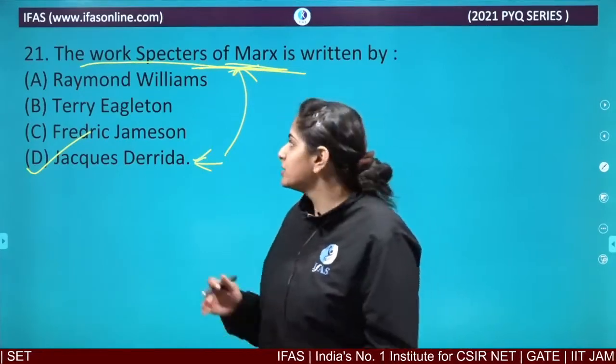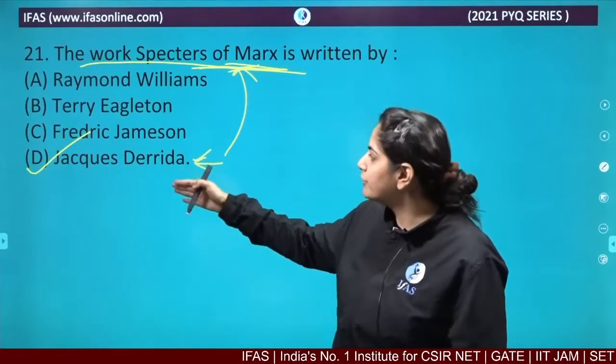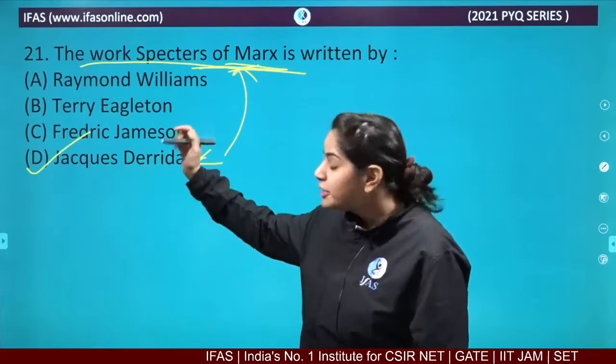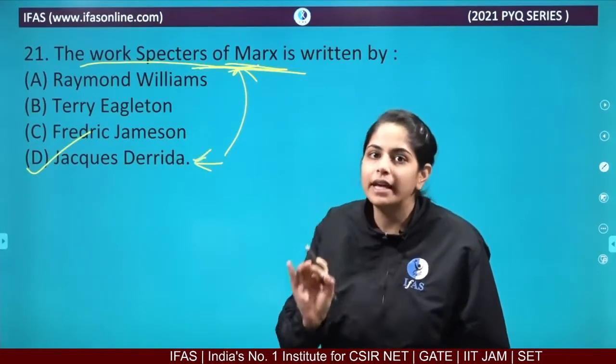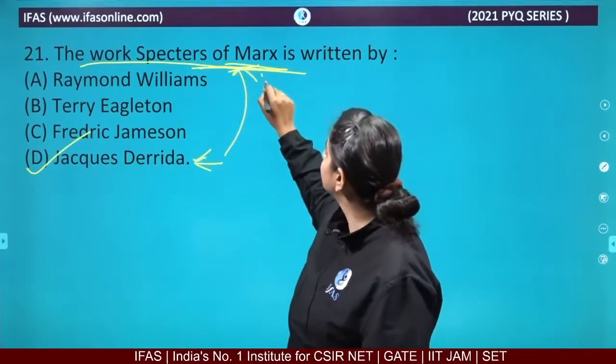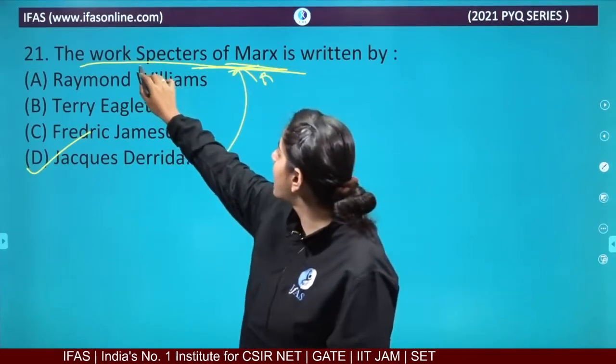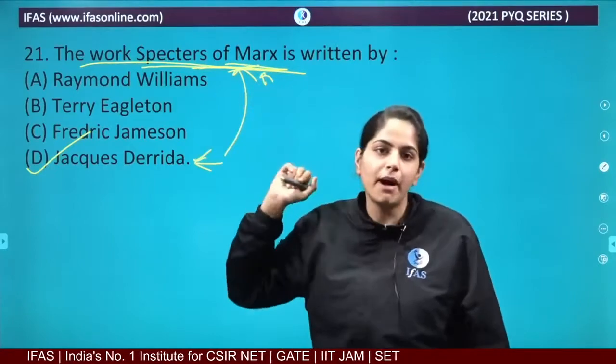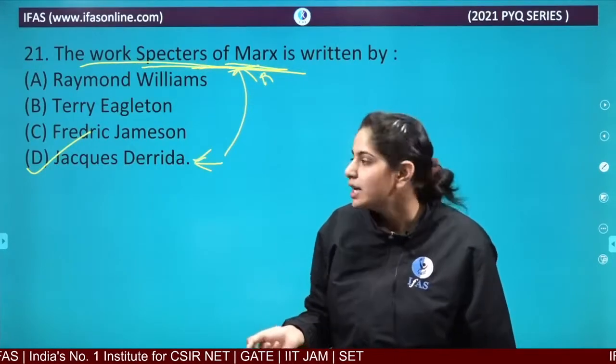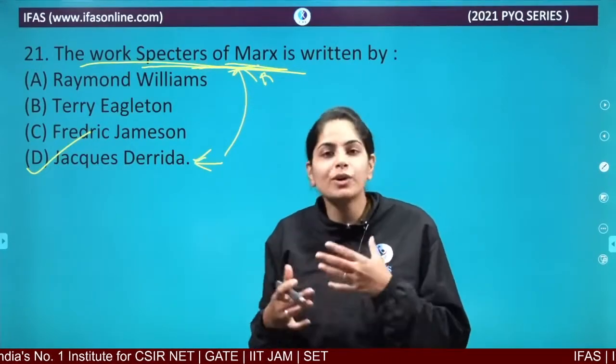Now there is a possibility that they might also give you that which is the famous work Jacques Derrida wrote on the Marx. Yes, so the answer would be the work Specters of Marx. Understood? So this is how the questions are asked.